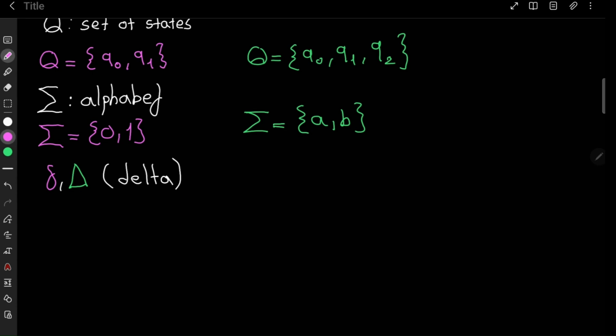For DFA, delta is a function which takes the current state and input as arguments. It takes the current state and input, which is an alphabet symbol, and it gives the next state as output. This one is the current state, and this one here is the output, the next state.